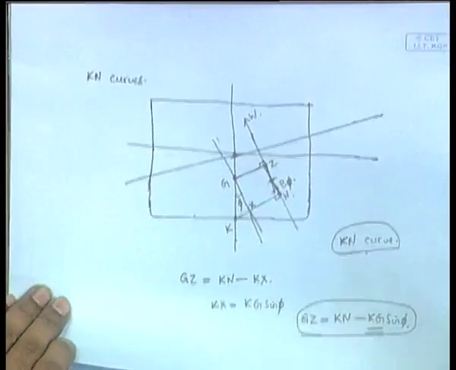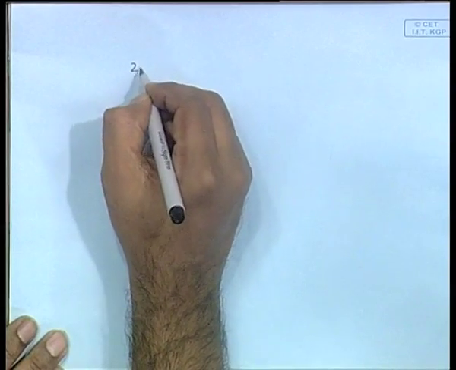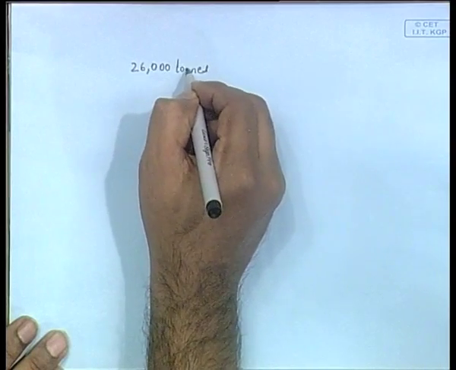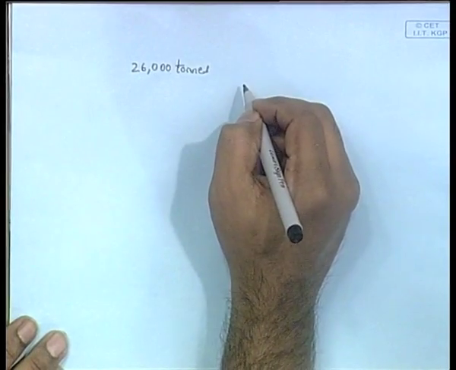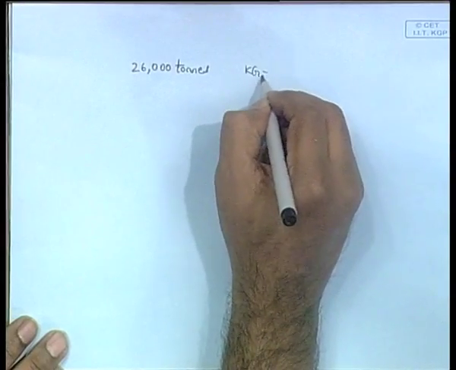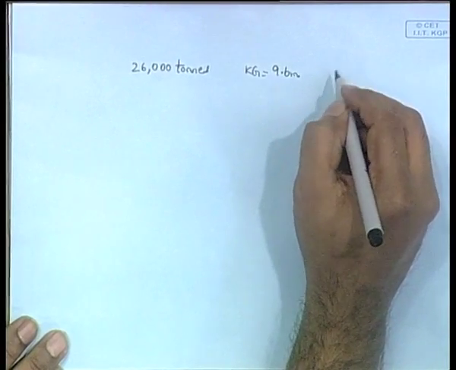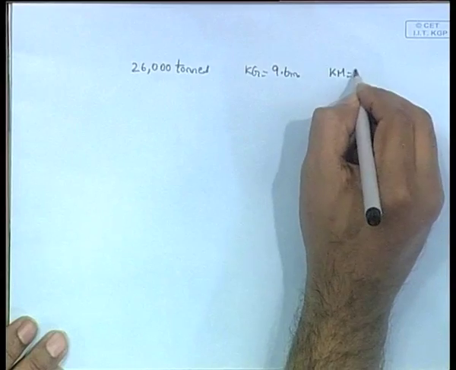Okay, for instance, we will see this problem. They are saying there is a ship that has a displacement of 26,000 tons, and its kg is equal to 9.6 meter, and km is equal to 11.9 meter.